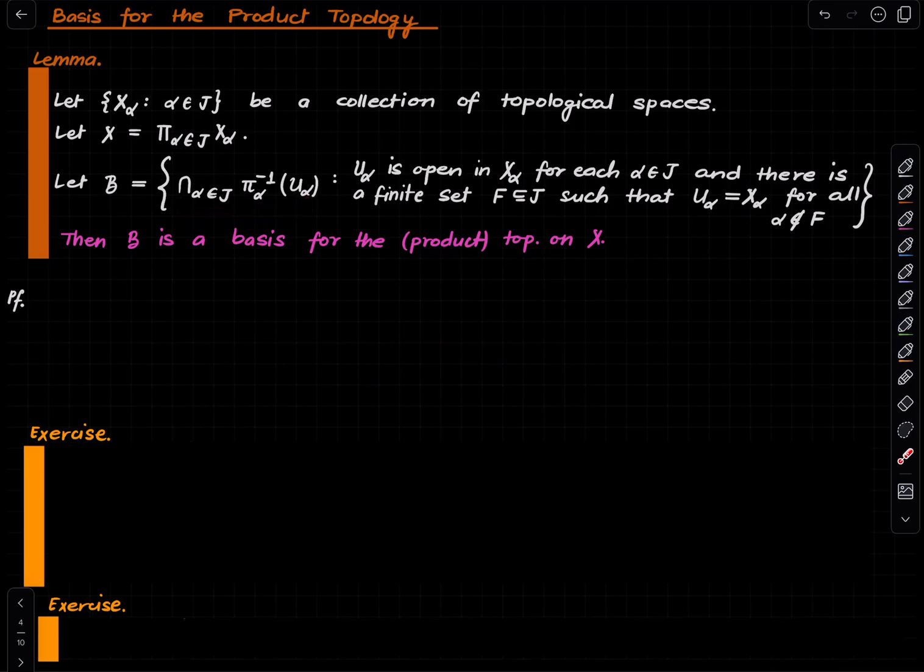It will be just U alpha for, let's say F is the singleton beta. So then this intersection is the product. Well, before even we go there, what is this intersection? This intersection is just the product of all the U alphas. So this intersection is just a fancy way of writing the product of all the U alphas.